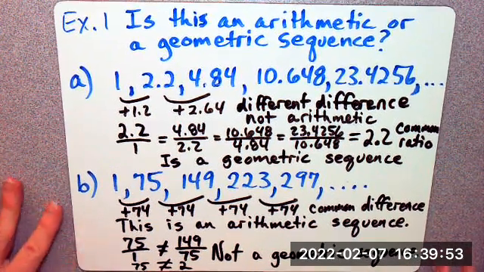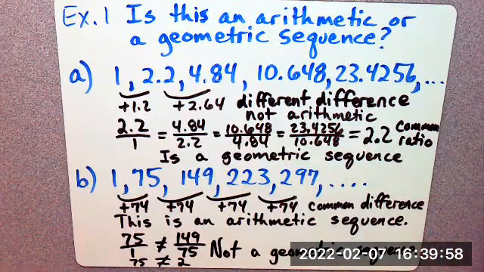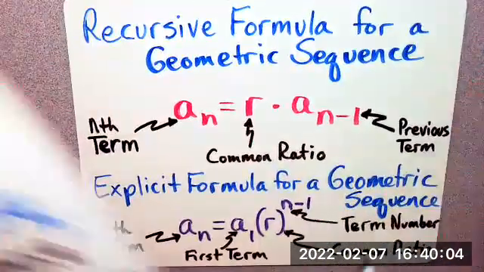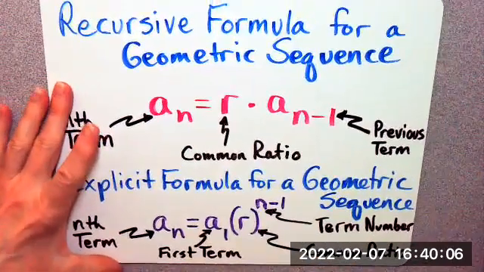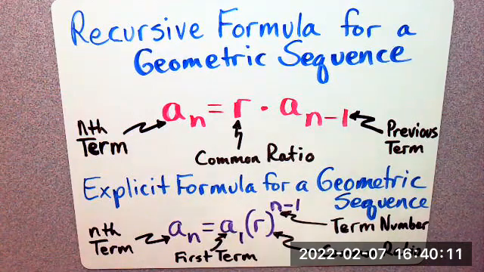Okay, so it's good to know when we're looking at our data whether we're looking at an arithmetic or a geometric sequence. Sometimes we might even run into other sequences like Fibonacci sequences or series. Fibonacci is a very cool series.